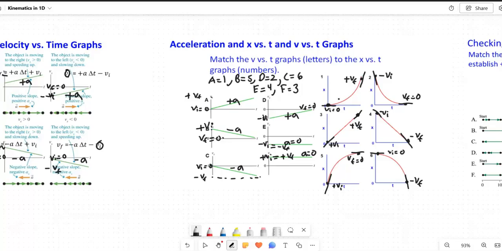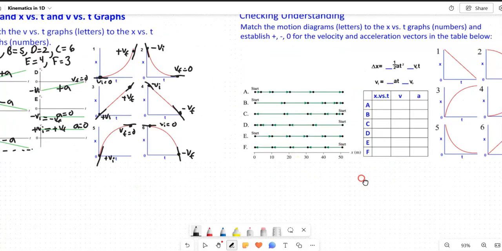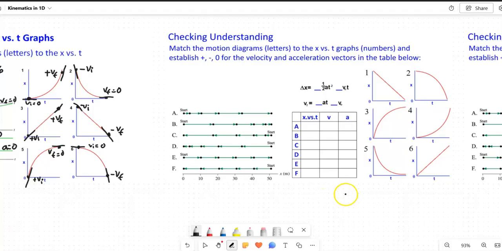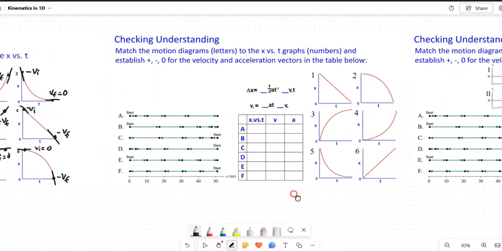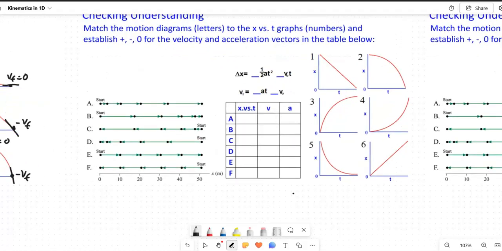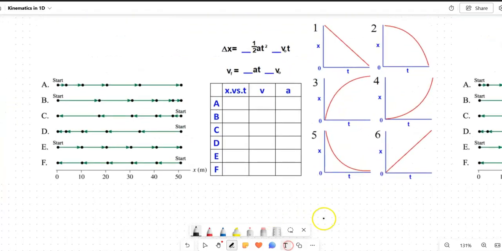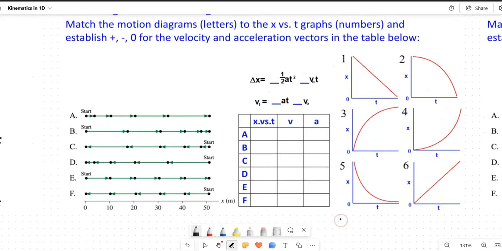So that's how to reason through using a velocity versus time graph to identify a position versus time graph, and using a position versus time graph to identify a velocity versus time graph. Okay? Right. So we're going to do a mesh of everything. What we're going to do is match these motion diagrams to the proper position versus time graphs.